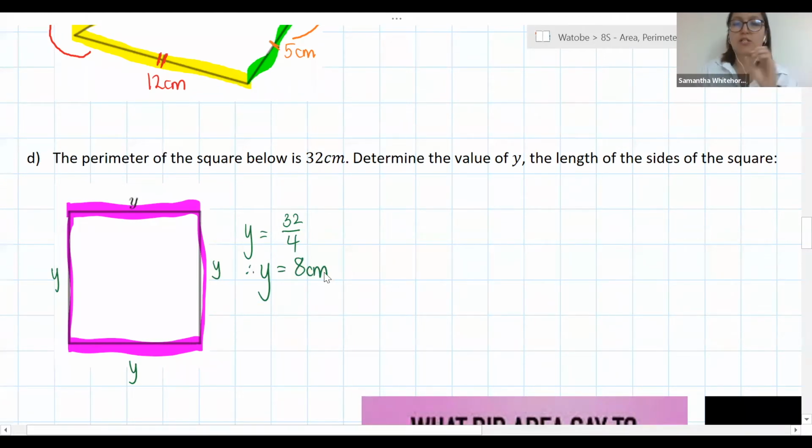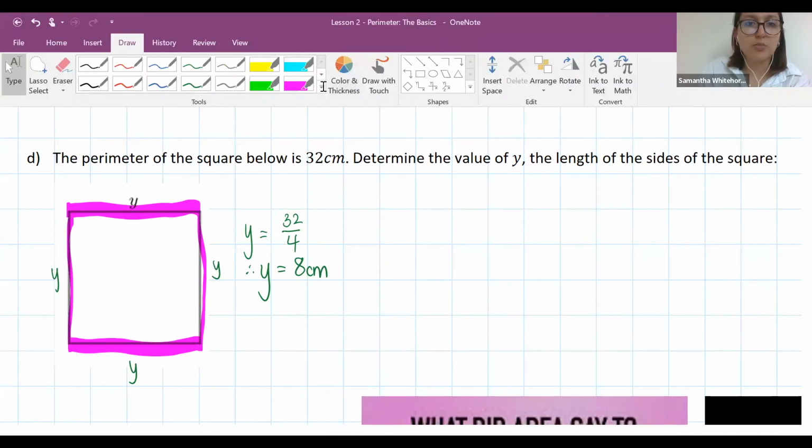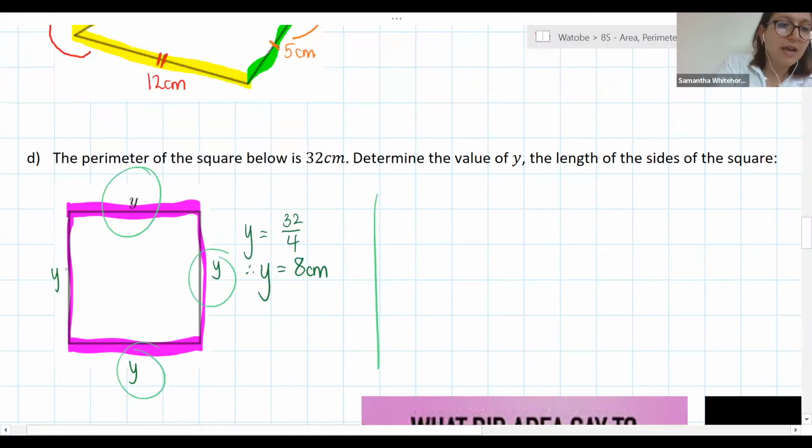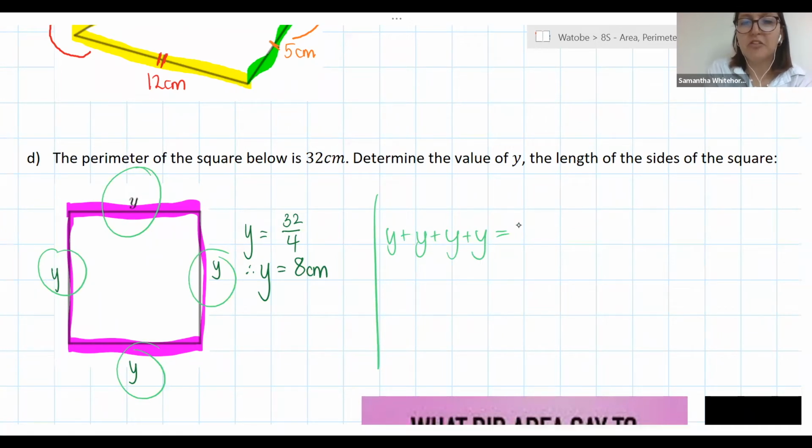Right. So guys, what Sasha said at the start is really important. A square has 4 equal sides. And because all of those sides are equal, I can divide my perimeter by 4. Now, if that's not really making sense for you, we could set this up algebraically. Because I know that all 4 sides are exactly the same, I could set up an expression. I know y plus y plus y plus y must give me the 32 centimeter perimeter. That's a fact. I know this because it's a square.